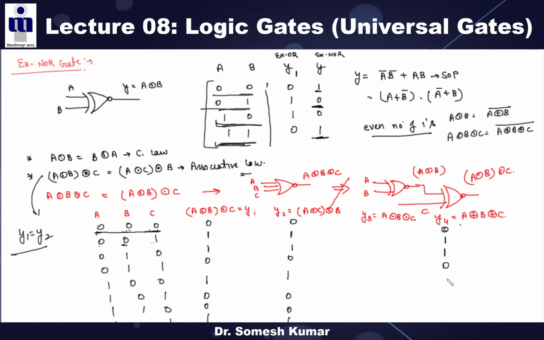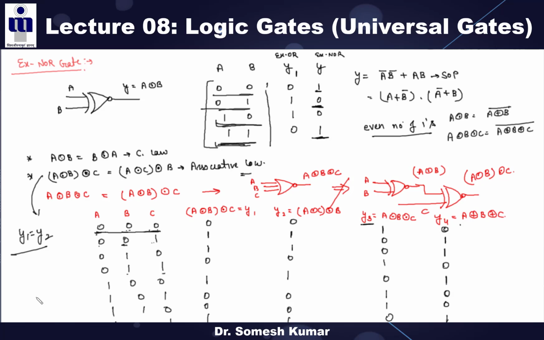Next, 0, even number of ones. Right? Next, odd number of ones. Even number of ones. Even number of ones. Odd number of ones. Now, what is Y3? Tell me. Y3 is the inverted form of Y4. Right? So this is your clear statement from here.